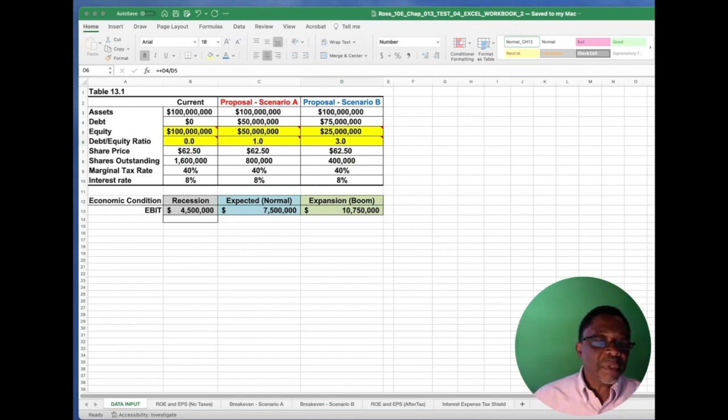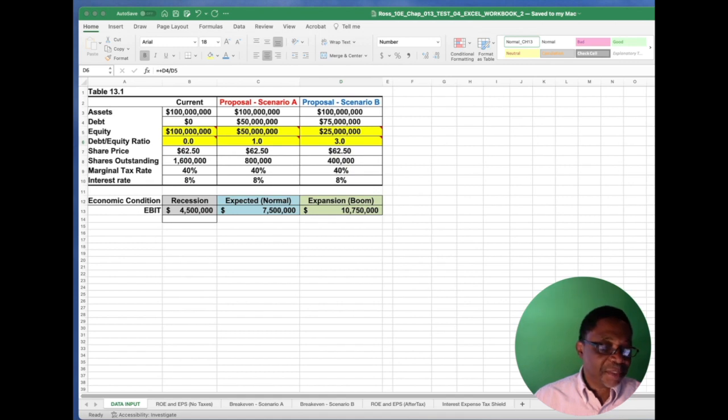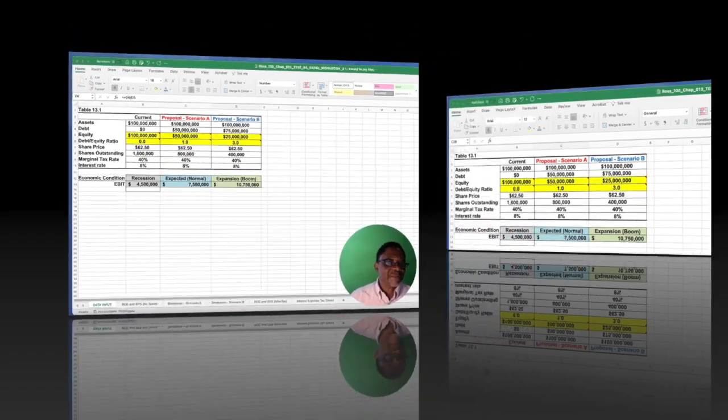This workbook has several worksheets. There's the data input worksheet. This is where you're going to put all the numbers to explore various scenarios. You will also use this Excel workbook to complete test 4.